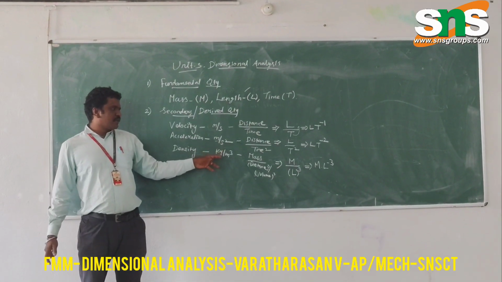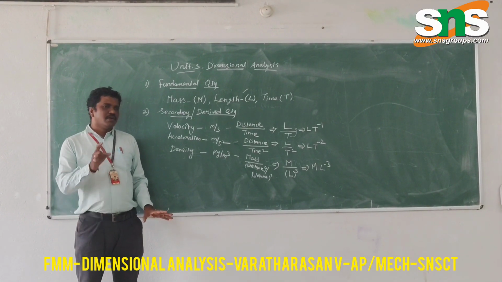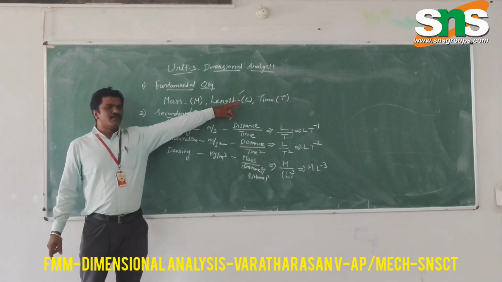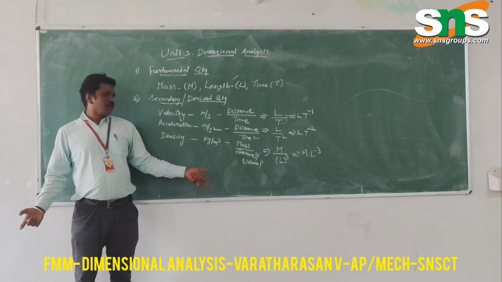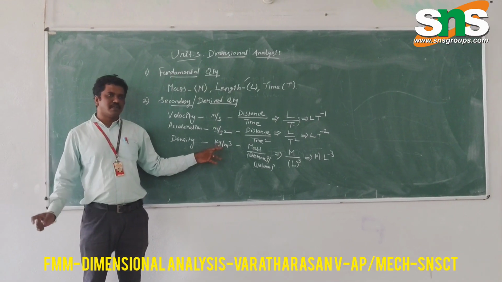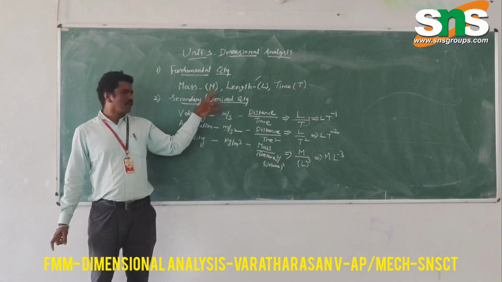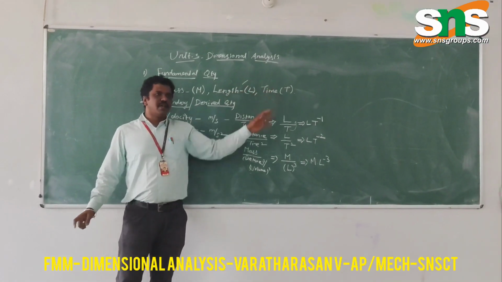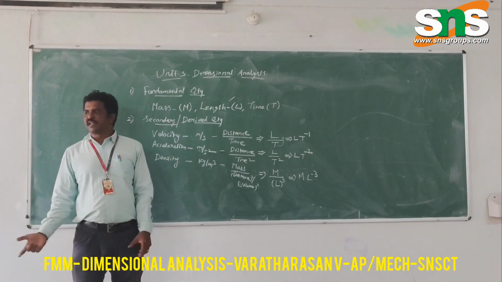So meter per second square, kilogram per meter. Whenever the meter comes, you can directly write the term L. L is the length. Wherever it is related to mass, kilogram, you can directly write M, capital M. And the same thing, whenever we use second, it will be related to obviously what?